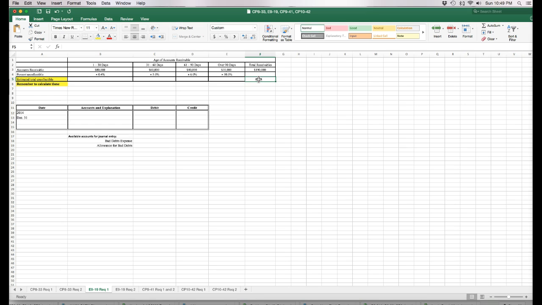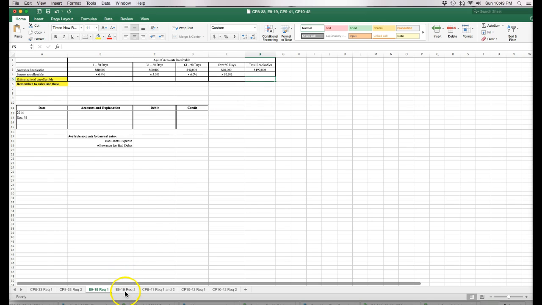So if we already have a debit balance of $1,600, the journal entry here will be the amount that will be needed in order to bring up that allowance account to the amount that we expect that allowance to be based upon the aging of accounts receivable. So just keep that in mind. It has a debit balance currently, but we're going to have a credit balance based upon that estimated total uncollectible.